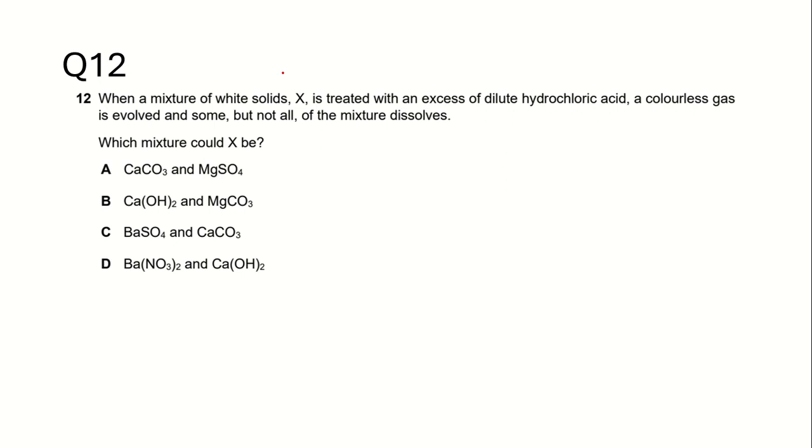X is a carbonate. Only carbonate will react with acid to form carbon dioxide gas. So X is carbonate. Sorry, X is a mixture of solid, right? So X contains carbonate.